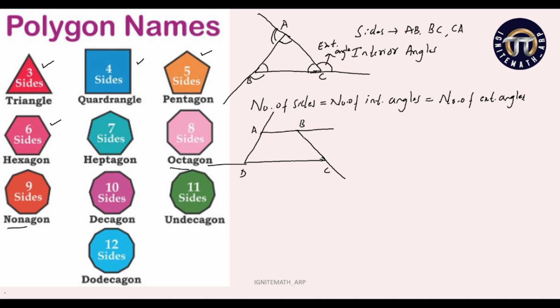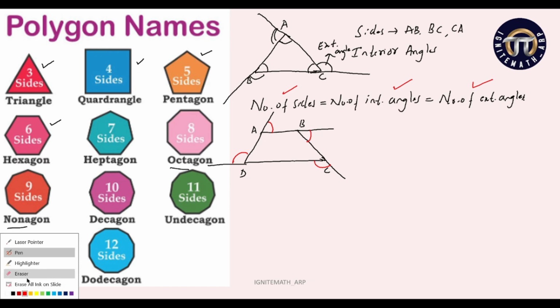So here this is the exterior angle, this is the exterior angle, this is the exterior angle, and this is the exterior angle. Clear, children? So number of sides is equal to number of interior angles is equal to number of exterior angles in a polygon. You must know this always.